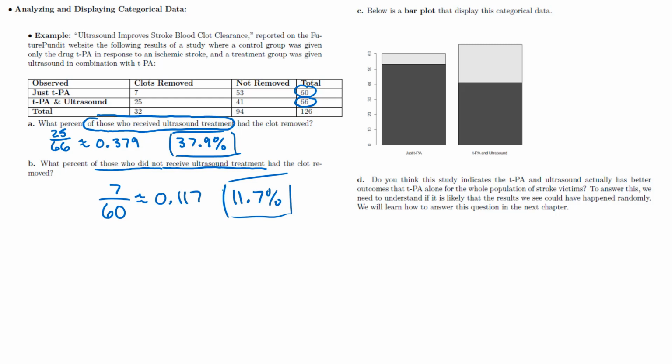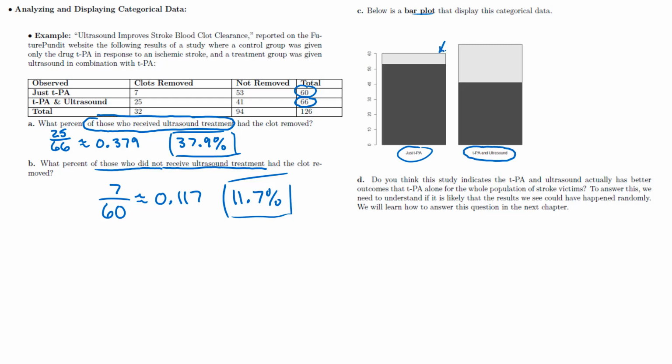Now, with our numerical data, we went to great lengths to find different ways of displaying our data. And we can do that with categorical data too. And so we do so with a bar plot often. It's not the only type of plot you can use for categorical data, but it's nice. And so this labels it as, okay, if they just got the TPA drug, or if they got TPA and ultrasound.